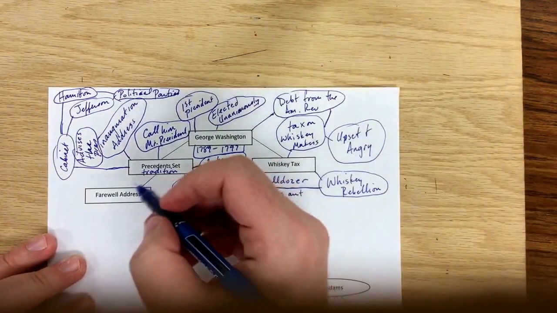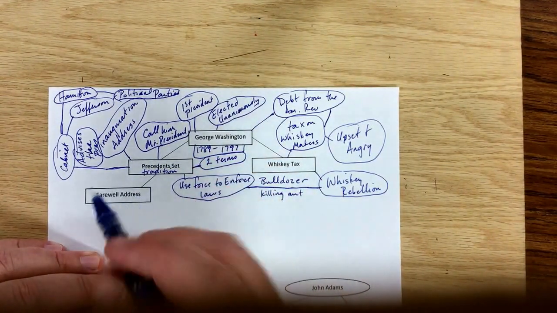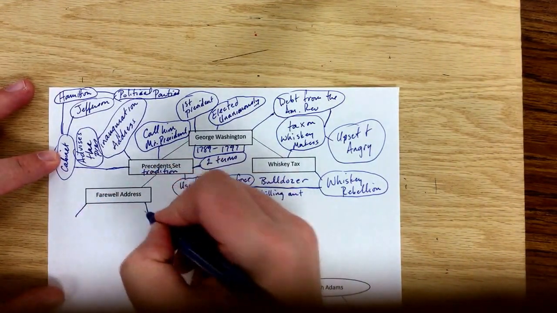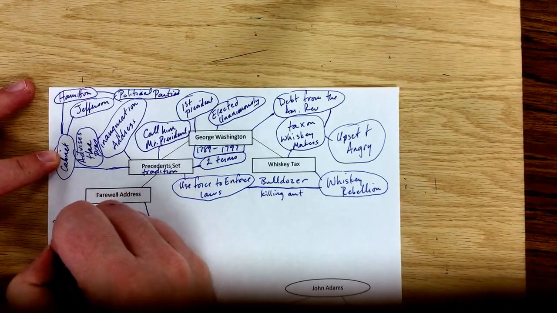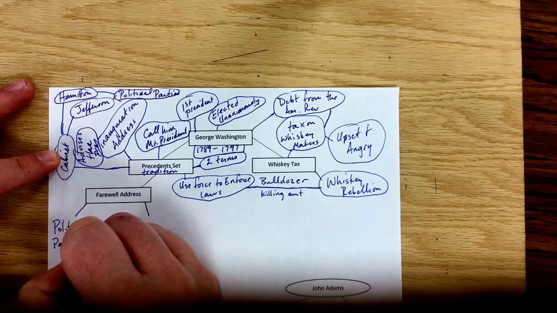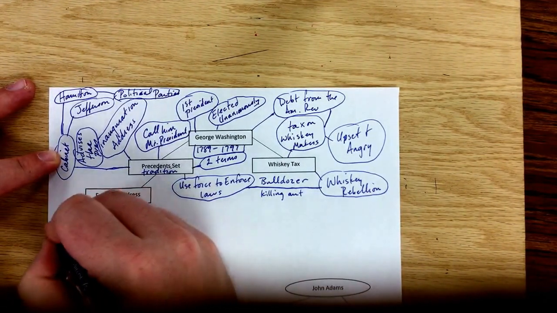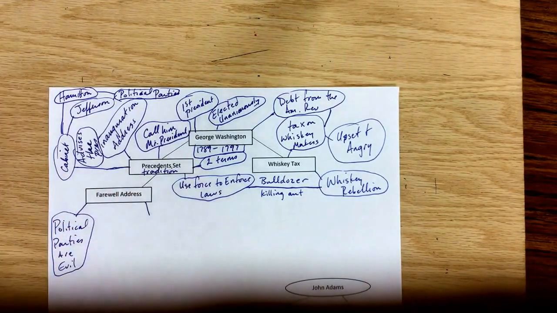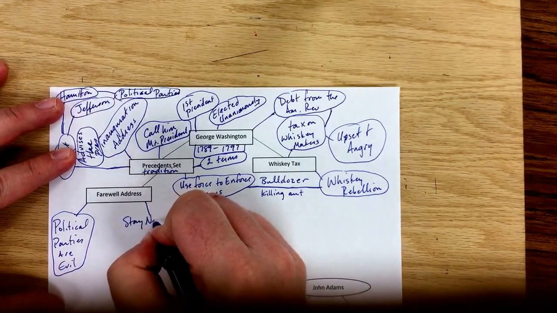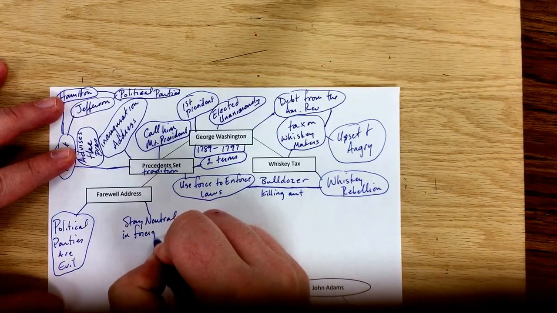Another precedent that he had was a farewell address. In the farewell address, he talks about two major ideas. The first one is that political parties are evil. He says they are the detriment of society. He also says that we need to stay neutral in foreign affairs.